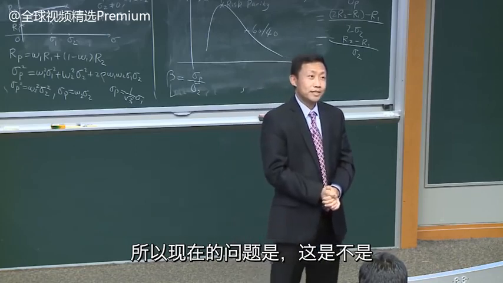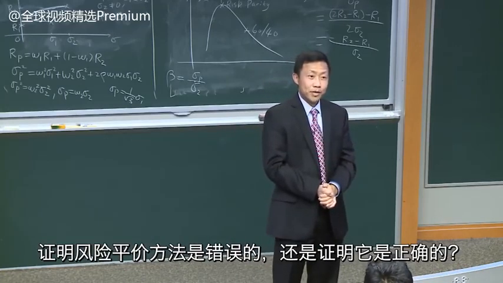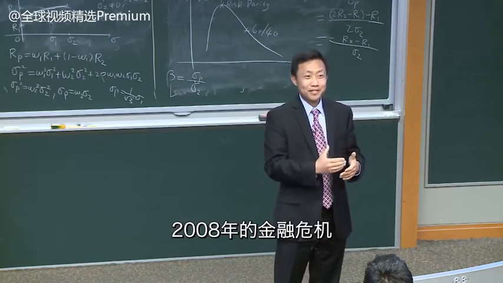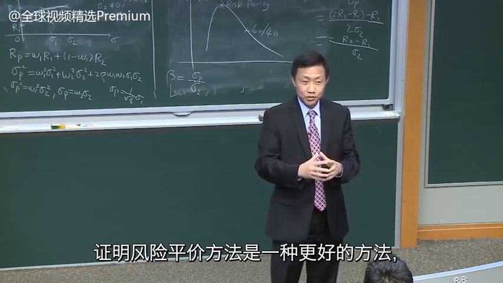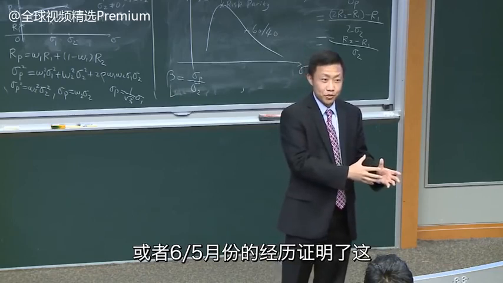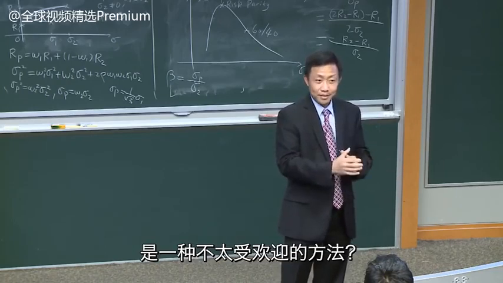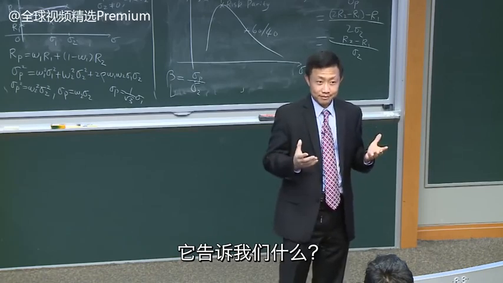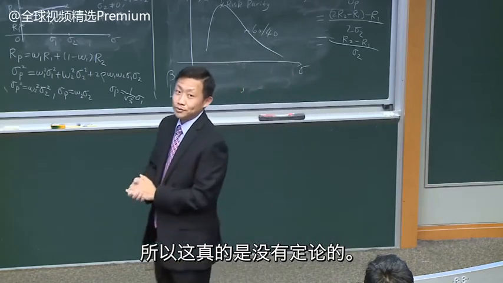So now the question is, does that prove the risk parity approach wrong, or does it prove it right? Does the financial crisis of 2008 prove the risk parity approach a superior approach, or does the May-June experience prove it a less favored approach? What does it tell us? I mean, think about it, right? It really is inconclusive.